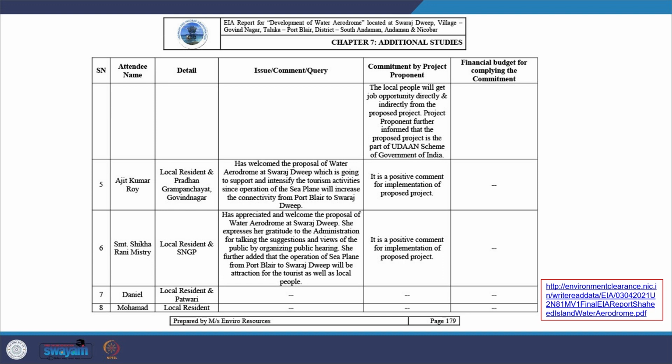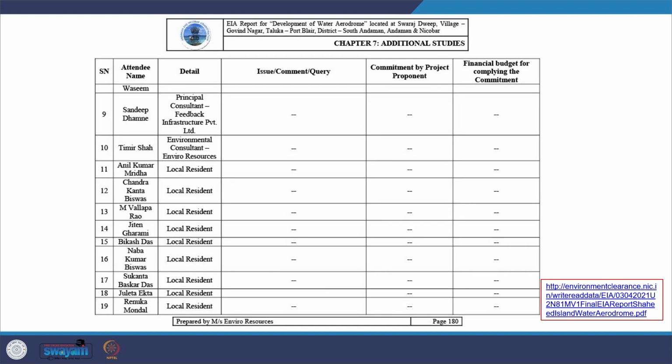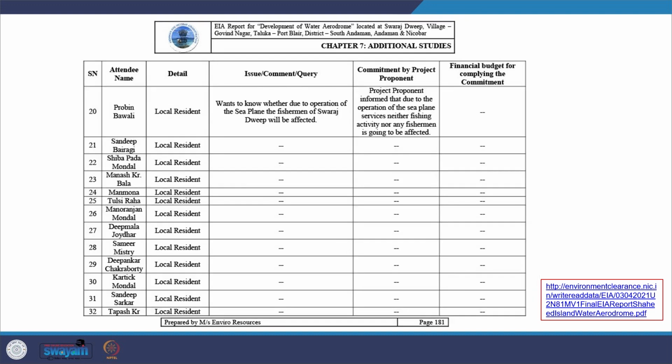There are a lot of practical limitations which come in, but you can always review how the participation has been undertaken. So you can see different attendees who have attended here, and what kind of inputs they have got. Mostly you see that there's a lot of positive review which they have got.